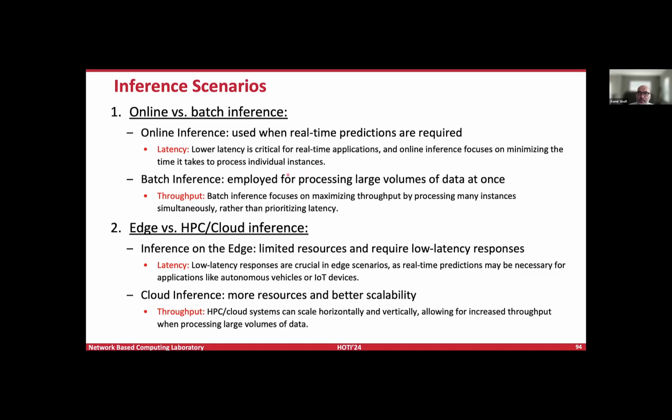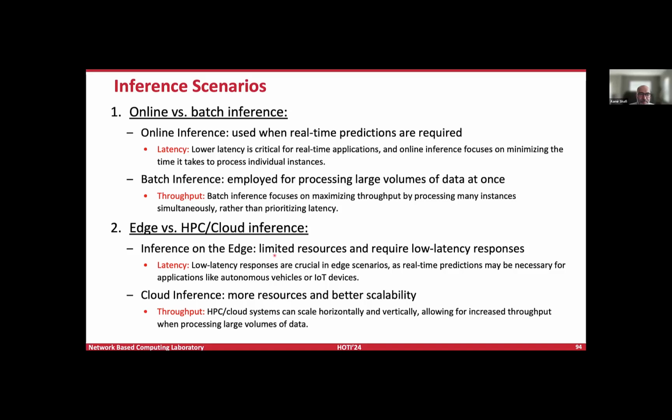That matters to me. On the other side, we could also engage in batch inference, which could be employed for processing large volumes of data. Latency is relevant and important for online inference. Throughput is a more appropriate metric in the case of batch inference, and batch inference typically matches the training workload.